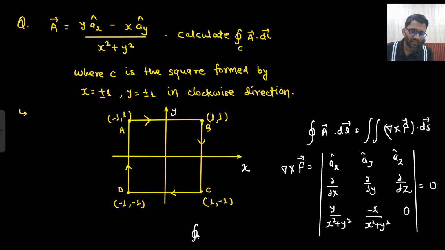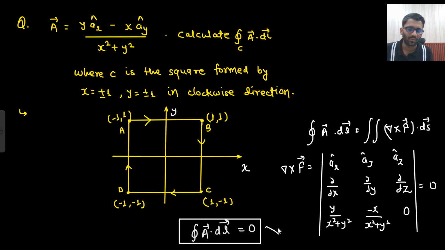So what you are thinking? That my A dot dl is equal to, since del cross F is 0, if you put 0 here, my A dot dl is equal to 0. This is your answer. Wrong. Why is that so? Because what did I tell you? Stokes theorem is applicable if you do not get 0 by 0 or infinity form.